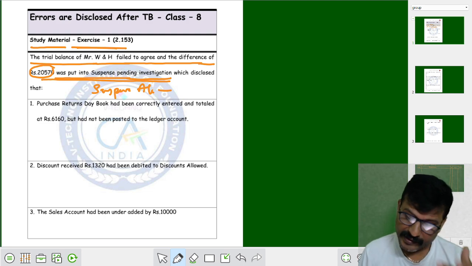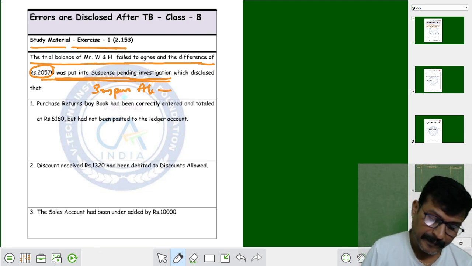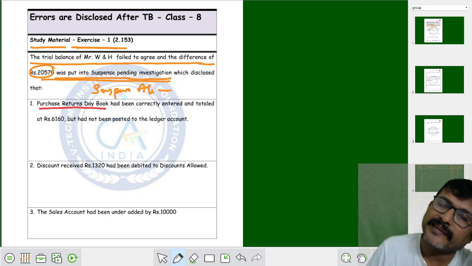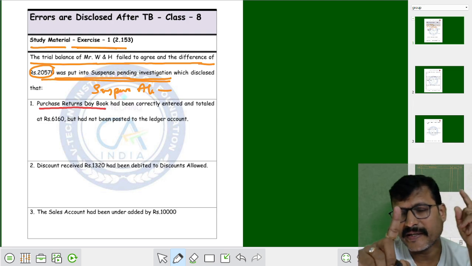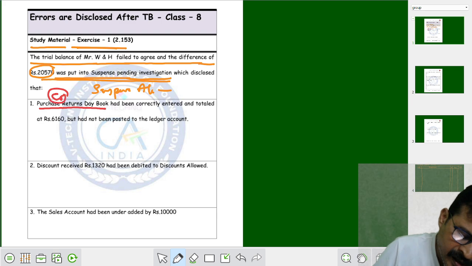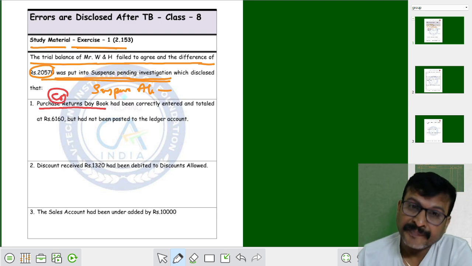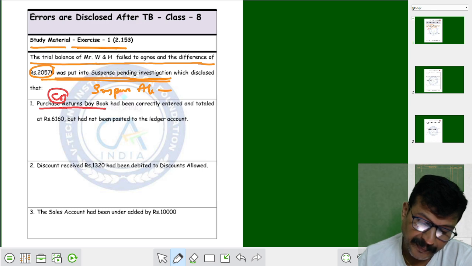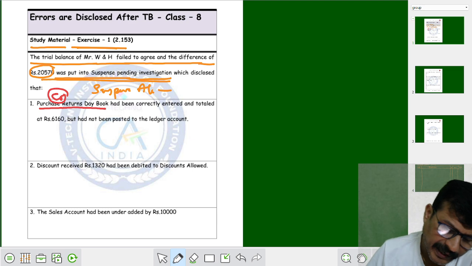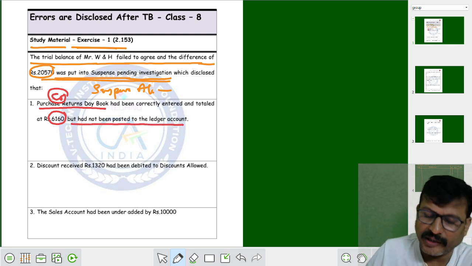Fine. See the first point of the material: purchase returns day book. Purchases is an expense, debit. Purchase returns, where does it come? It comes on the credit side. It had been correctly entered and totaled at rupees 6,160, but had not been posted to the ledger account.